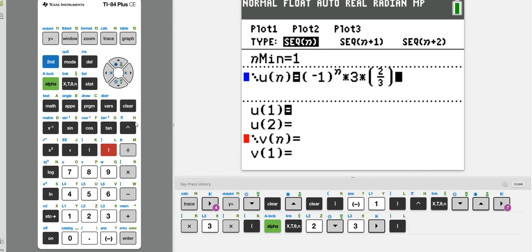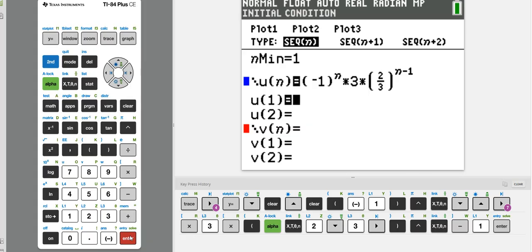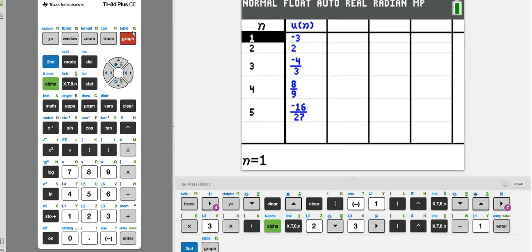Last but not least, I want to raise this to the n-1 power. n-1 like that. Bam. Are you able to get that emulated on your equation editor? Let's take it up to our table and double check ourselves. Hey, looking pretty good. It's matching all of those numbers. So, pretty happy with that.